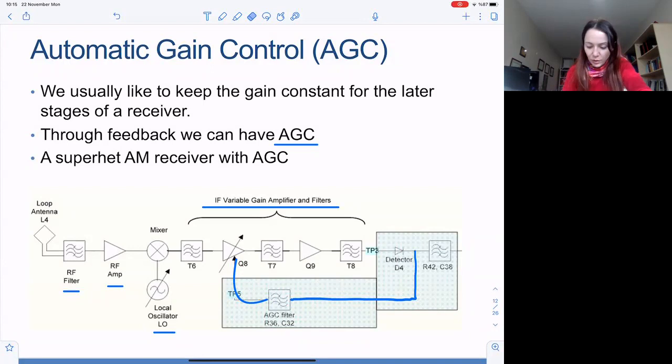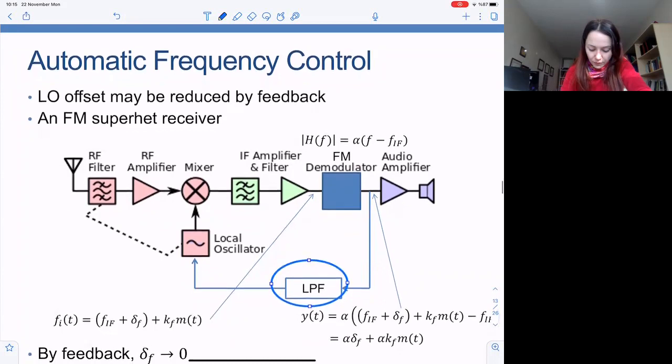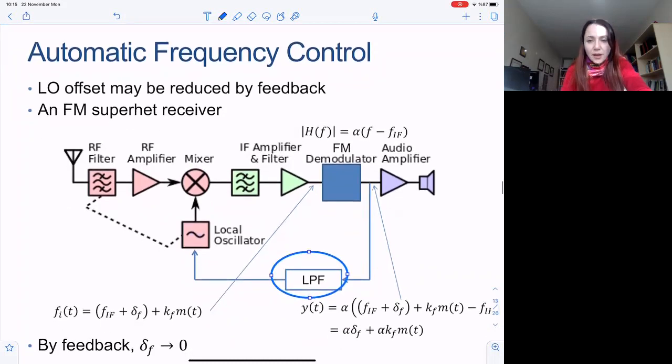That's one of the important circuit components. There's also an automatic frequency control to take care of frequency offsets. In this case, the filtering is done to control the local oscillator. This is just like a phase lock loop.